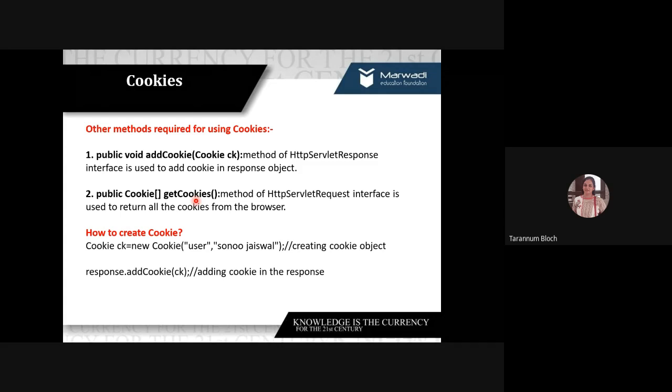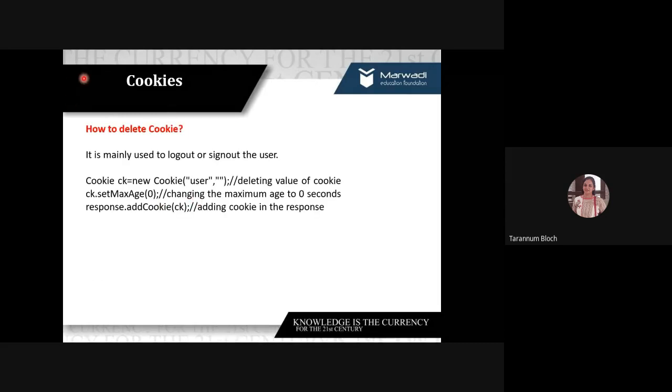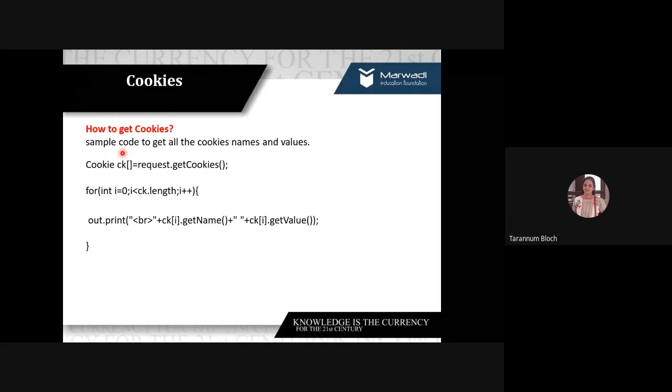Now look at how we can get it. Here is how we can get it. This is the sample code to get all the cookies' name and value. As getCookies is an HTTP request interface method, we need to use that object, request.getCookies. It will return you an array of cookie type.